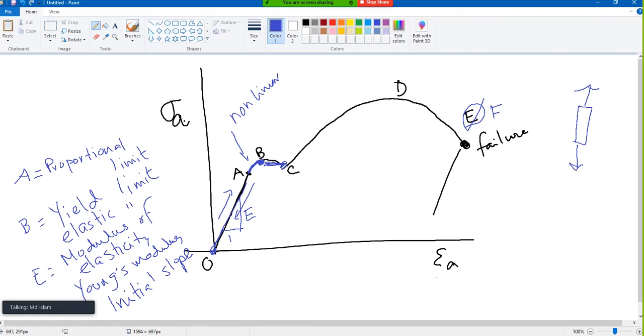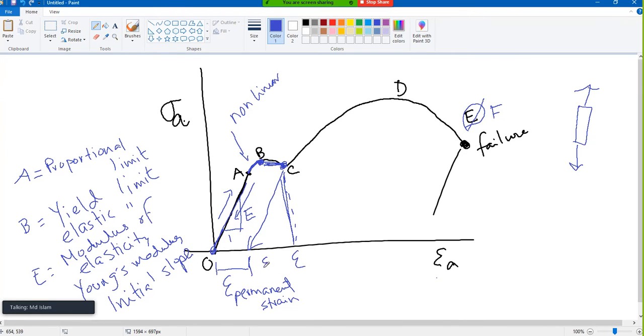Now, if my material comes here and I remove the load, what will happen? My material will come back this way, and this portion will be the permanent strain. That means permanent deformation. This portion will not come back. There will be some permanent damage. You can see at this point my strain was here.